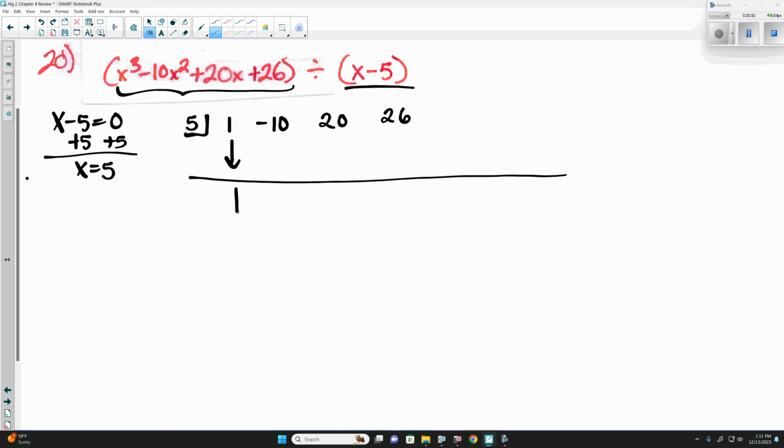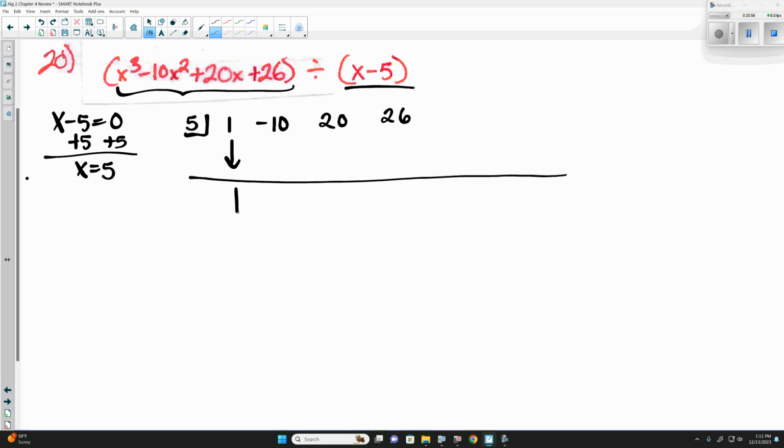If there are any terms missing, we fill them in with a 0. Incidentally, the number of numbers going across the top, not including the 5, is one more than the degree. The degree here is 3, so we should have 4 numbers. 1, negative 10, 20, and 26, that is 4. We do have them all there.